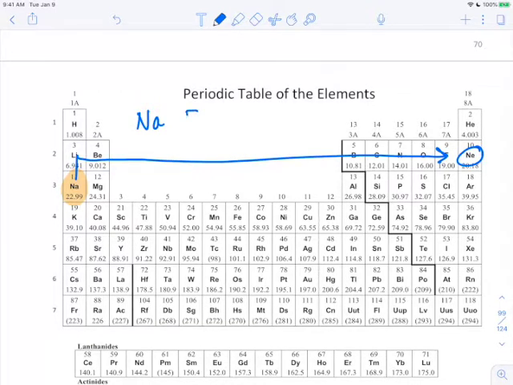Does everyone agree that we would start here with neon? Excellent. All right. So we're starting with neon, and then what comes next? All right, so I'm seeing a 3s, and I'm going to go ahead and say 3s1. So what do you all think of this electron configuration for sodium?